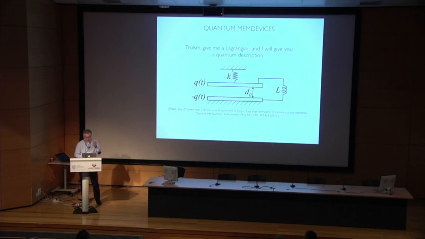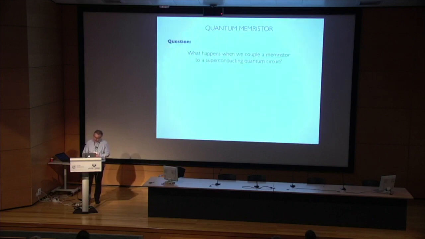And that was actually done by Max with Yuri Pershin and Guy Cohen some time back. But the memristor has some subtleties in that, obviously, it is a dissipative device. Since it is dissipative, it can be described by a Rayleigh function, for instance, or some dissipative function, but it cannot really be quantized properly.